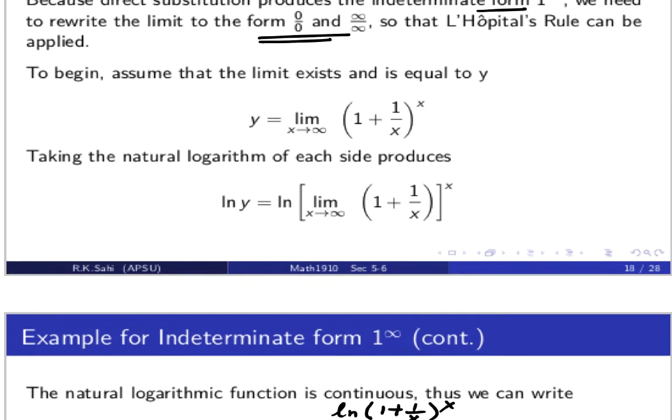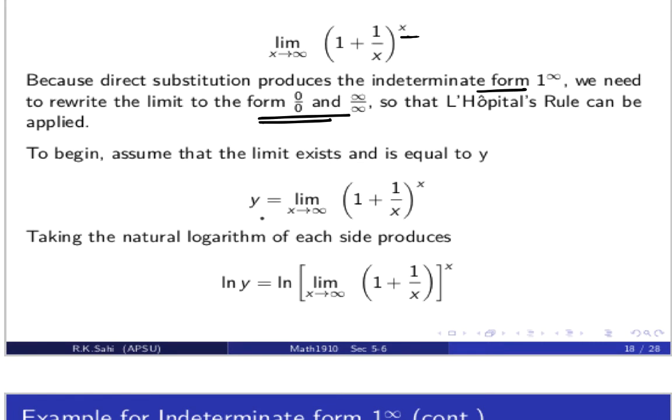Remember, this is the expression we want to finally get. What we have got is natural log of y is 1. I want to get y. And how do we get it? Exponentiate the whole equation. So y is e to the power 1. And that's the answer. So that means the limit as x tends to infinity of 1 plus 1 over x to the power x is e.